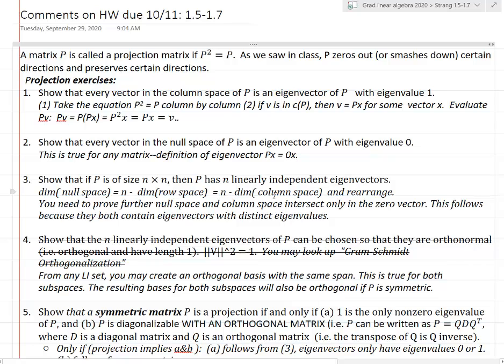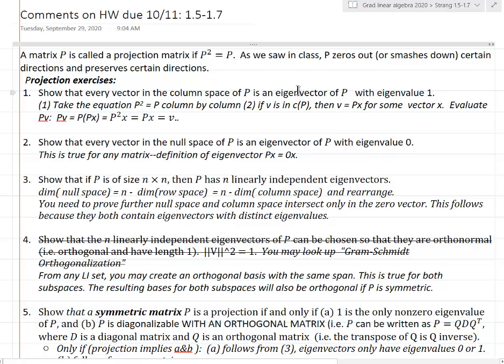All right, so the two dimensions add to n, but you need to show further that these two different subspaces only intersect in the 0 vector. And this follows because they both contain eigenvectors with distinct eigenvalues. There's no vector in the column space that could be in the null space, because if it's in the column space, it has eigenvalue 1.